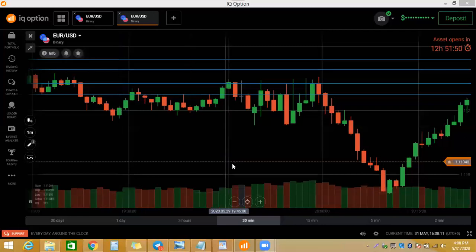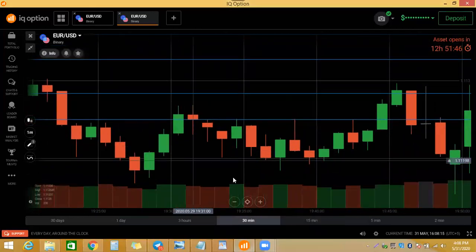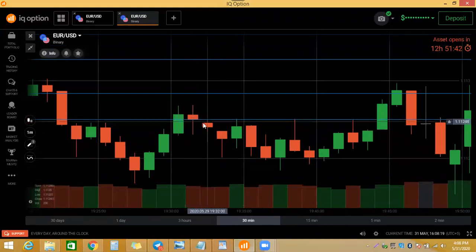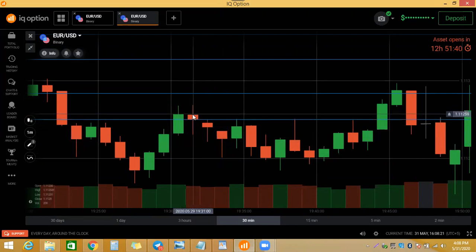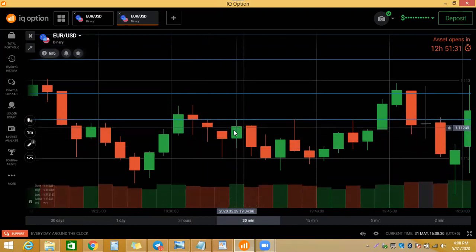So now look at this. Here, the market is falling. From this place to this place, the market is falling, and also volume is falling. You will see the green candle.